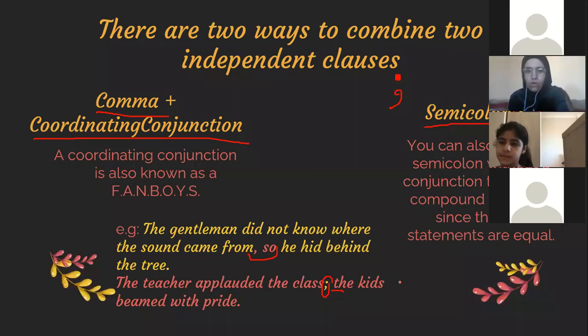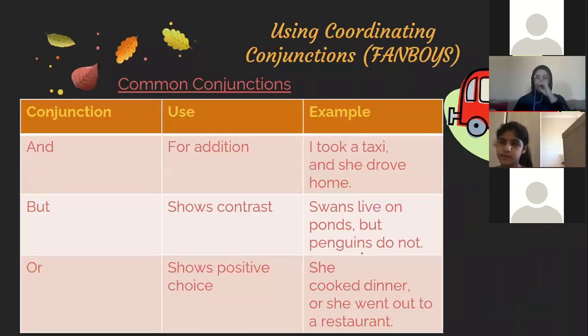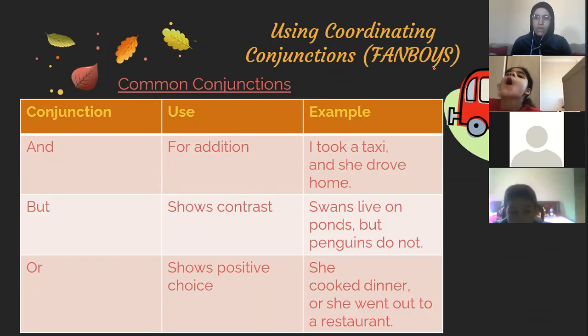Now, what are the coordinating conjunctions, and what is the function of each one? F goes for for, A for and, N for nor, B for but, O for or, Y for yet, and S for so. Every letter goes for a conjunction, and every conjunction has its own function.